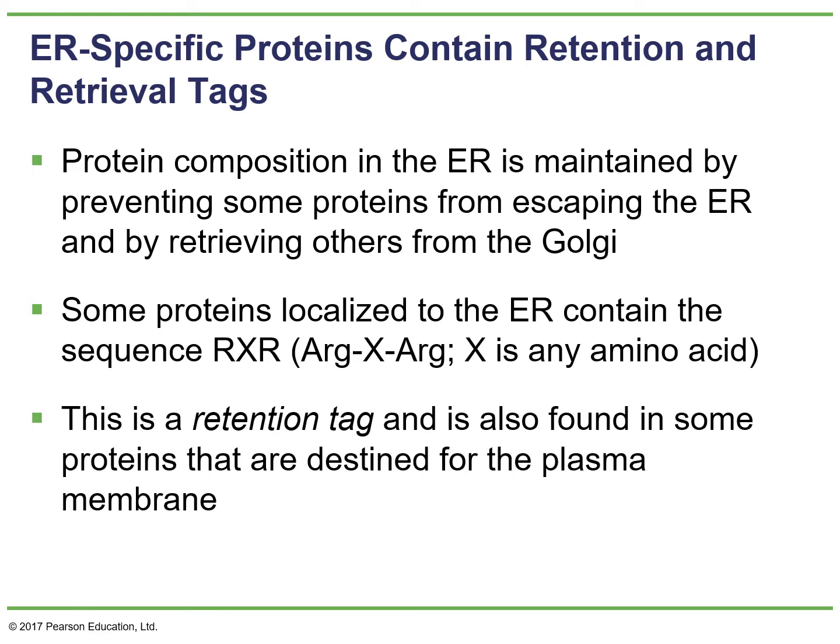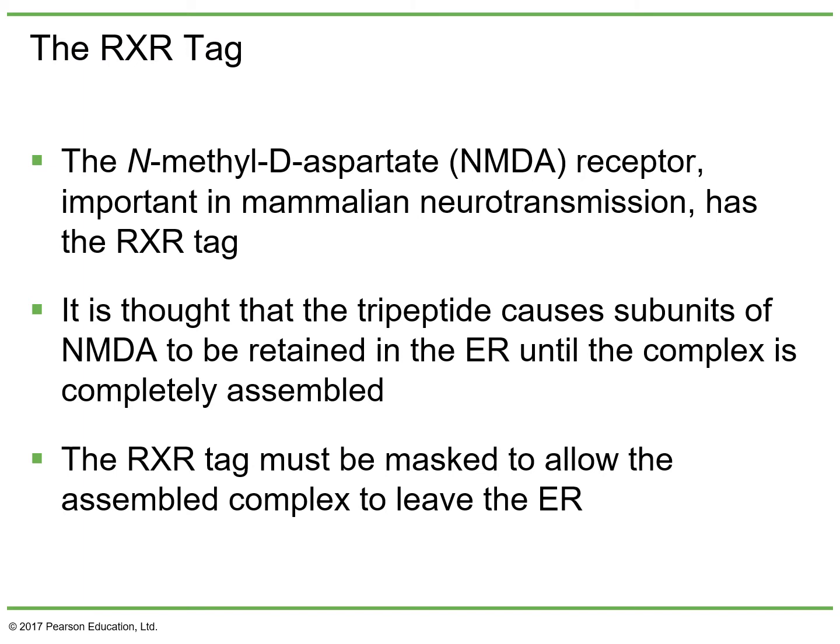This retention tag is also found in some multi-subunit proteins that are destined for the plasma membrane. The N-methyl D-aspartate, or NMDA receptor, which is important in neurotransmission in the mammalian brain, contains such a tag.